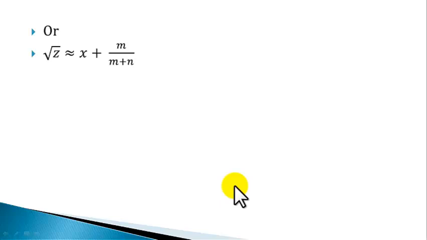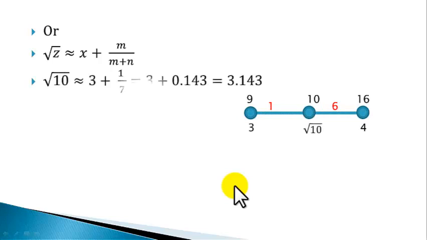Now, using the lower interpolation formula, we can also find the square root of 10 as follows. Square root of 10 is approximately equal to 3 plus m is 1, m plus n is 7, and that will give us 3 plus 0.143, which also gives us 3.143.